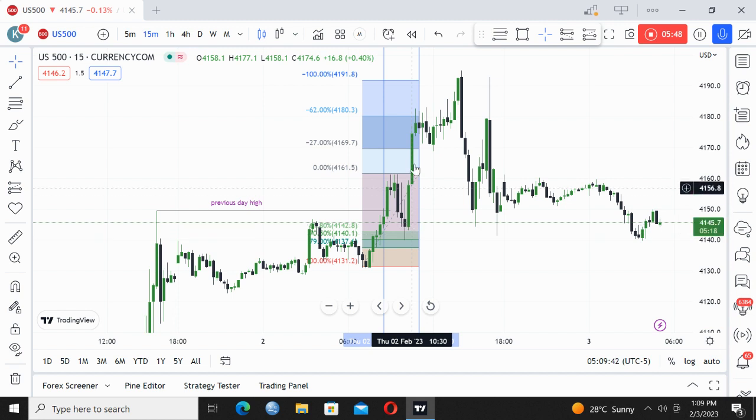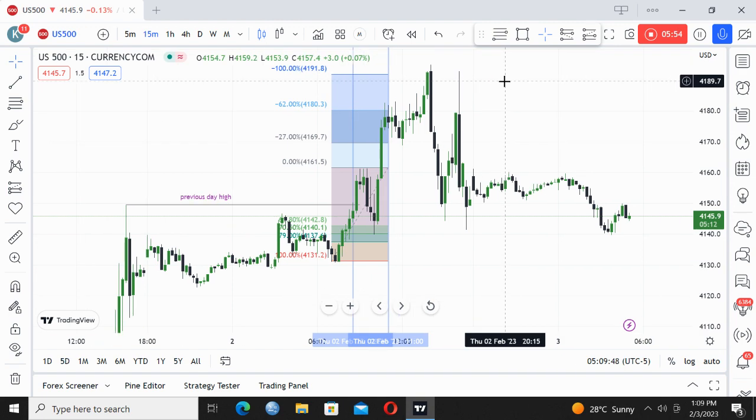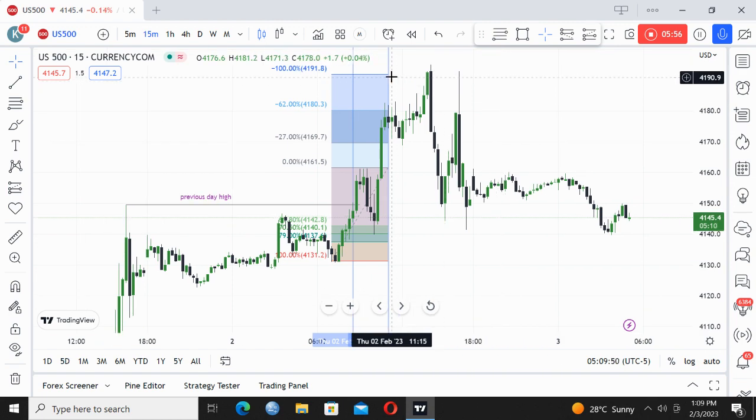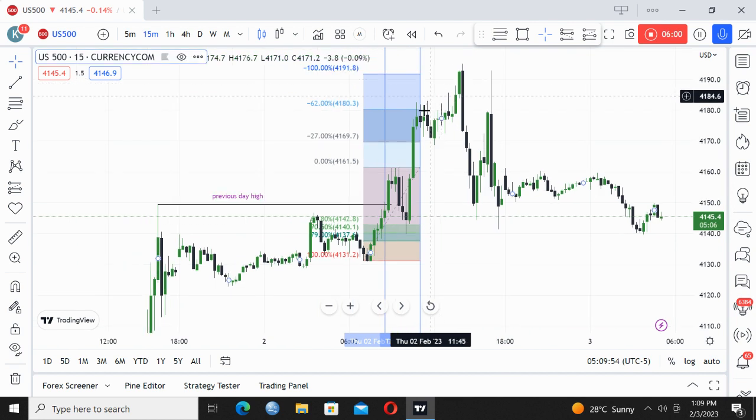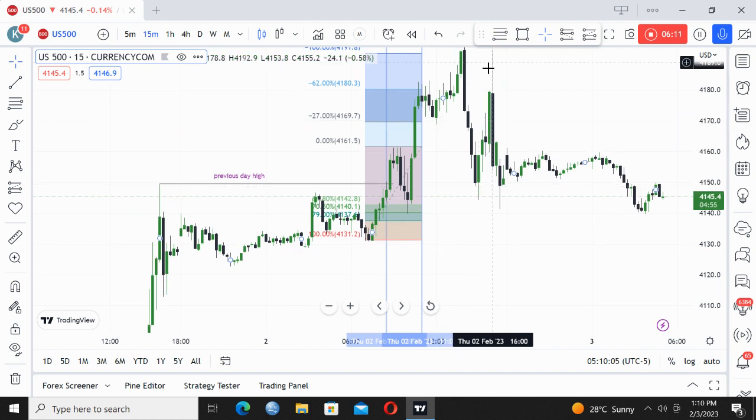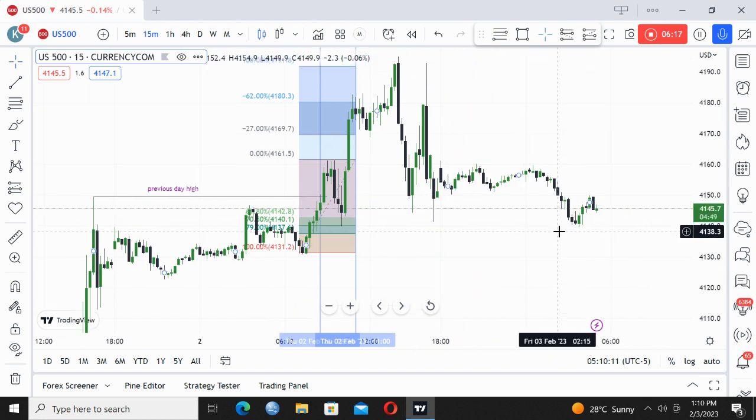Then after that, the market traded higher to this area. So that's how the market performed. After that, the market traded lower again to this order block. Then trading higher, filling this fair value gap, then trading lower, consolidation.